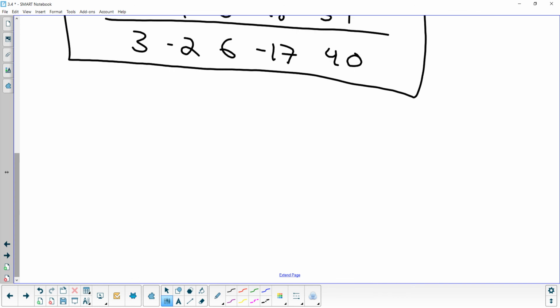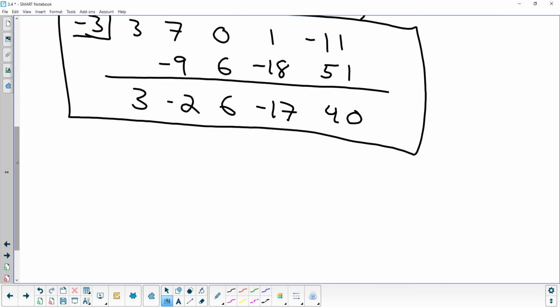Okay, so let's interpret the answer. The answer is that bottom row of numbers. Remainder, 40. Quotient, start with the numbers that are not the remainder. Start with the one on the right and count over to see what the highest exponent is going to be.